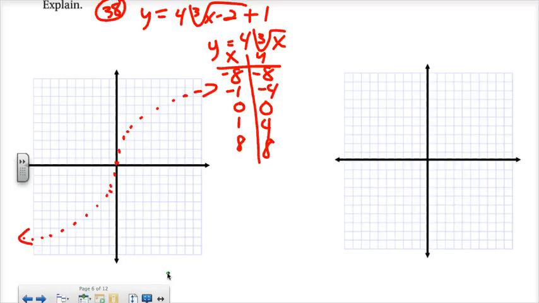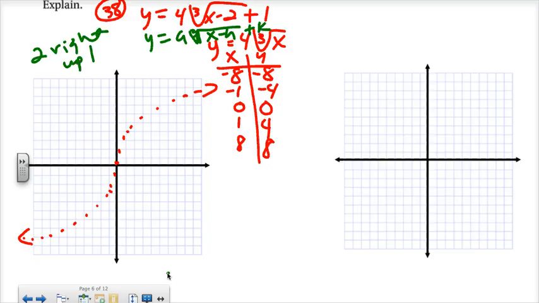And -8, -8, 1, 4, and 8, 8. Like so. And then y equals a cube root of x minus h plus k will go 2 to the right and up 1.